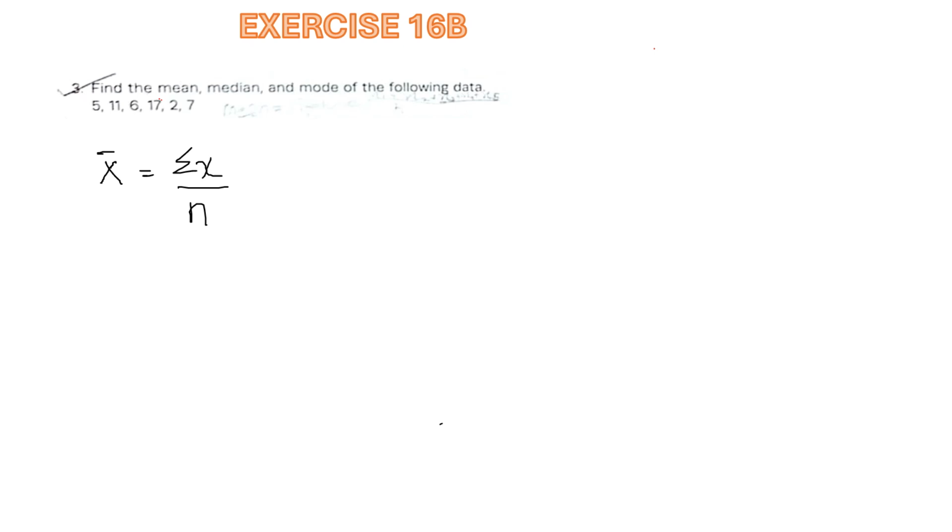Now this sign is known as sigma, and it means summation. By summation we mean we have to add all the values in the data. Summation of x, x can be any variable, x can be any value, right? For example, in this case I have 5, 11, 6, 17, 2 and 7.